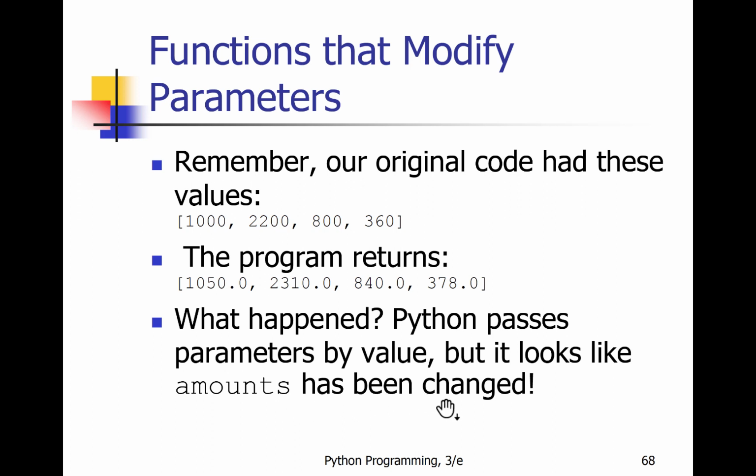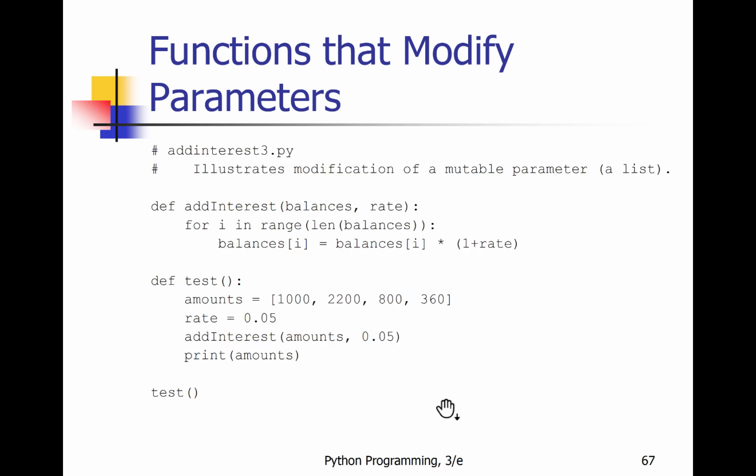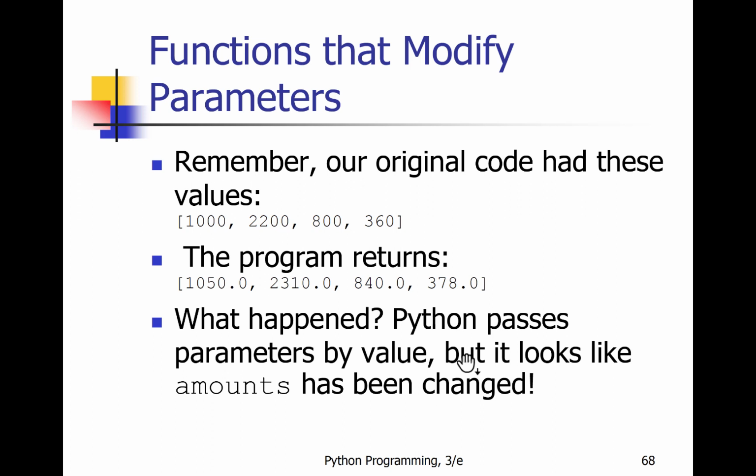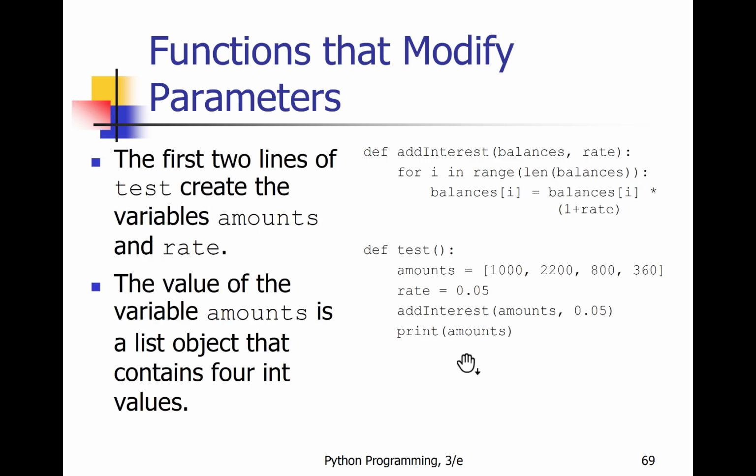I think it was actually balances that got changed. In the called code it's called balances; in the calling code it's called amounts. Well, that was a good thing to do to emphasize the difference. It looks like the values in the amounts list have been changed, and they have.